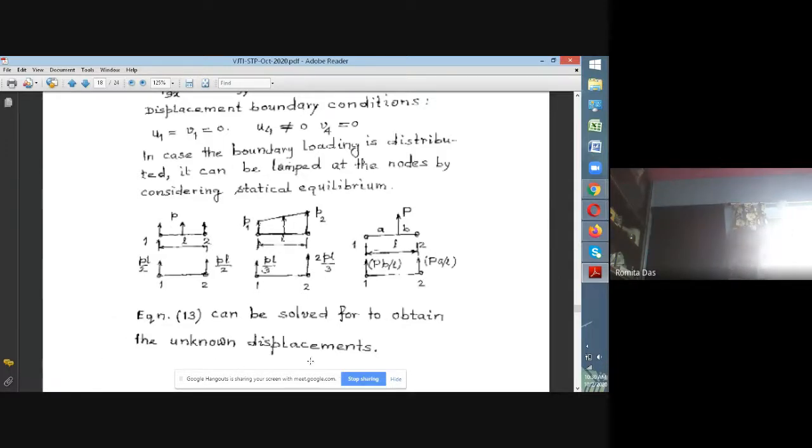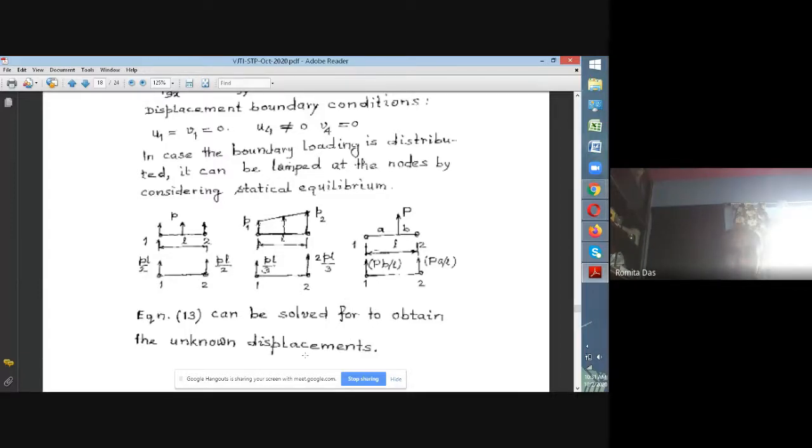Now think of it that you don't have the load specifically at the corner node of the boundary 1 to 2, but somewhere in between. You see, it is capital P acting, and this span is L, and it is at a distance A from node 1, B from node 2. So therefore what we can do is write this as PB by L at the left node and PA by L at the right node.